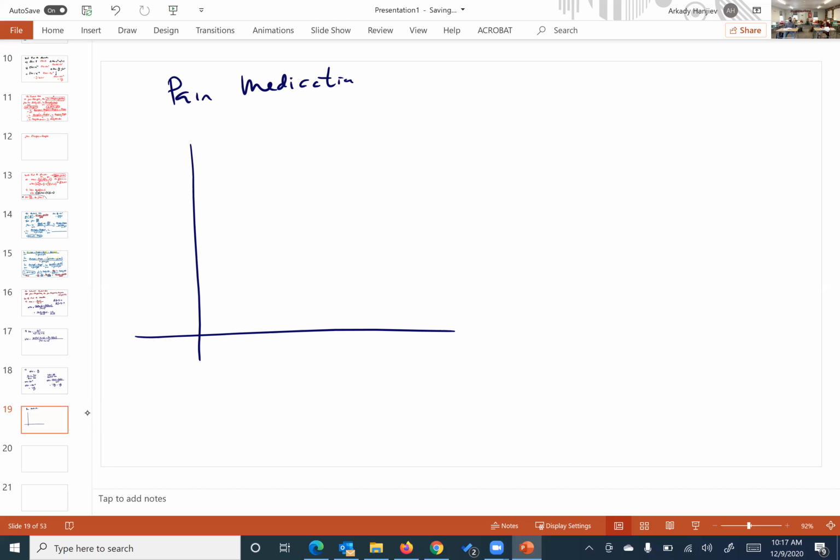Let's say this is the amount of pain medication in your bloodstream over time. You just took it, so it starts off about right here. You didn't have any before, so it's 0. You take it, it comes into your bloodstream, and then what generally happens is it goes like this. That's why, generally speaking, if you got your wisdom teeth out, they'll say, take Excedrin every 2 hours until the pain goes away, or every 4 hours nowadays because it's a little stronger.